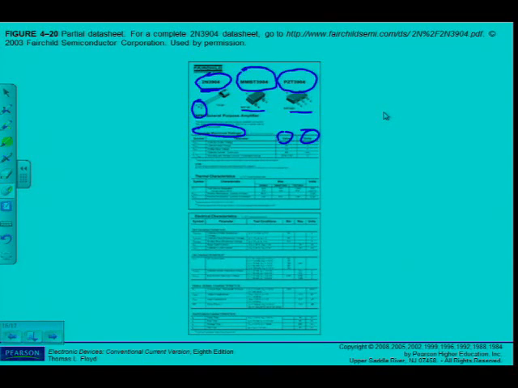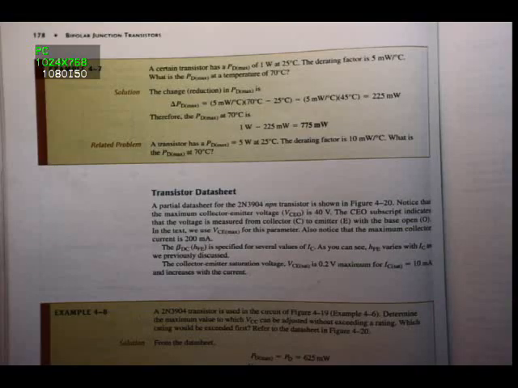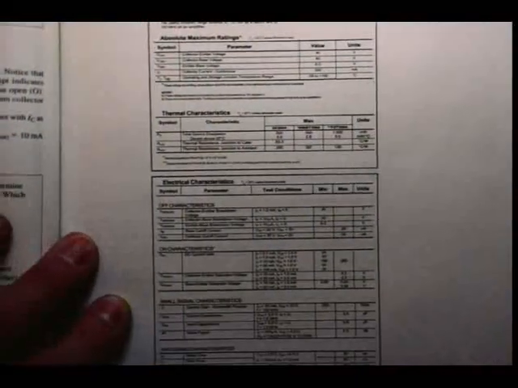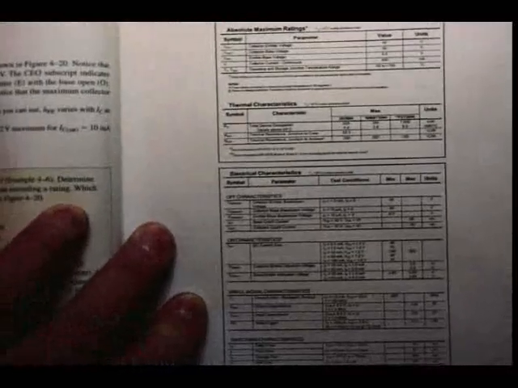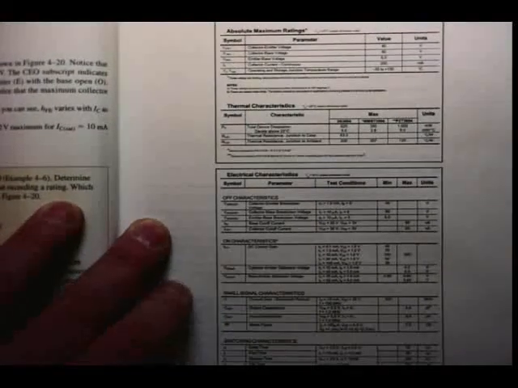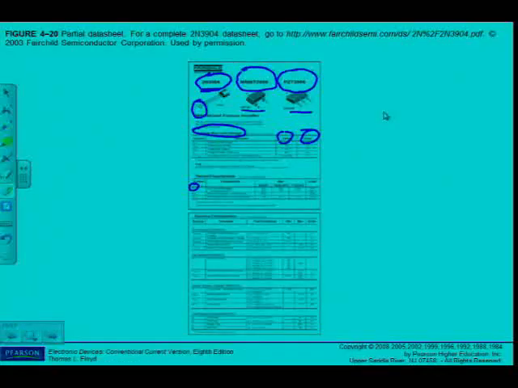Right, the next section is the thermal characteristics. Now that is the important one, because the first thing there is the PD, power dissipation. I don't think this is more clear, so let me rather go back to the computer.